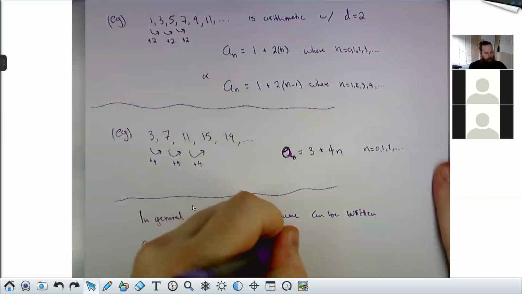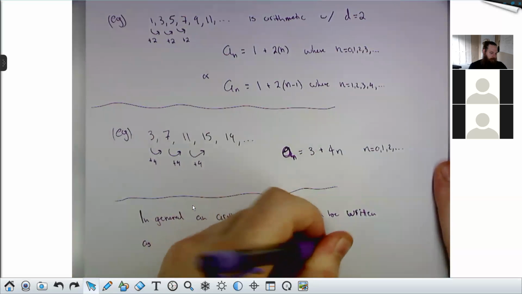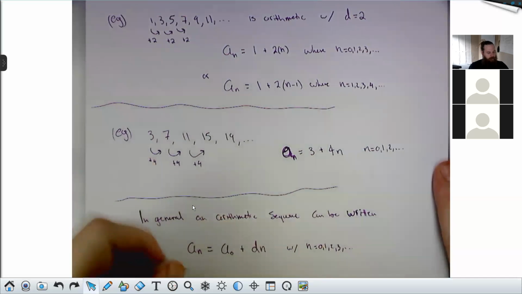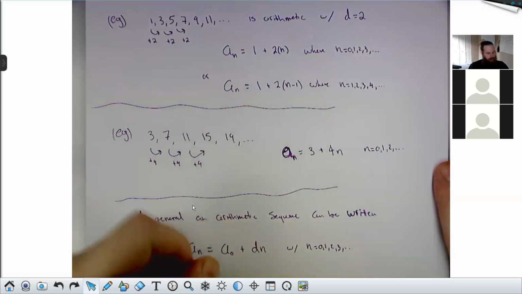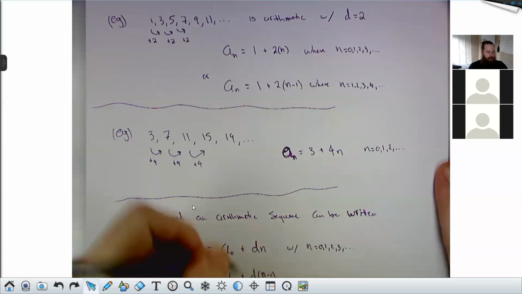And this is where n starts at 0. If you want to insist on n starting at 1, then you can write it as a_n equals a_0 plus d times (n minus 1).